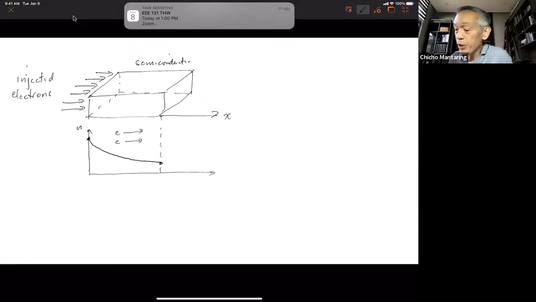If electrons are moving to the right, that means you have a current moving to the left, because current is opposite the direction of electron flow. So we have what we call a diffusion current that is due to electrons.